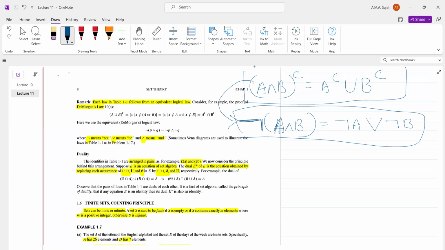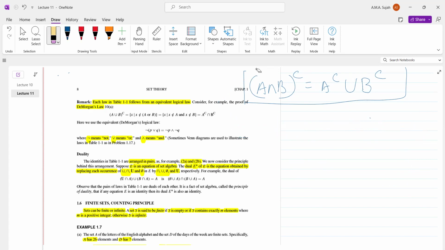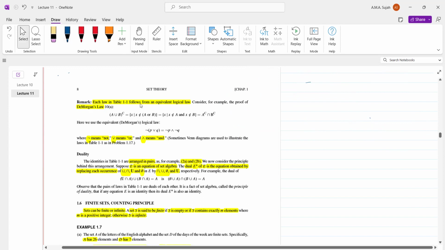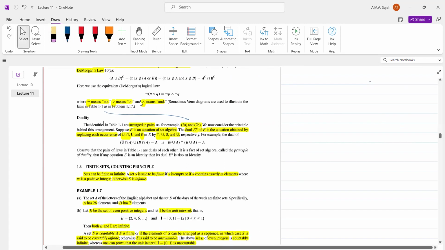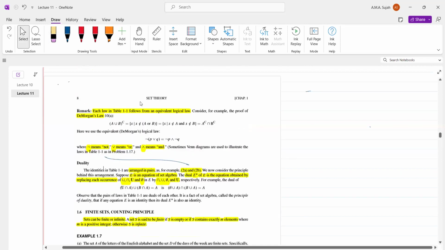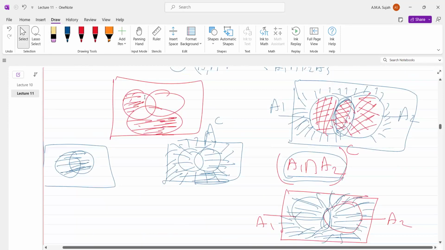You define a logic statement for A, and for B. Then we apply these laws likewise. So the same laws we apply in set theory as well, right? So yeah, up to this they are explaining those things. So duality means, if you look at this table, yeah.